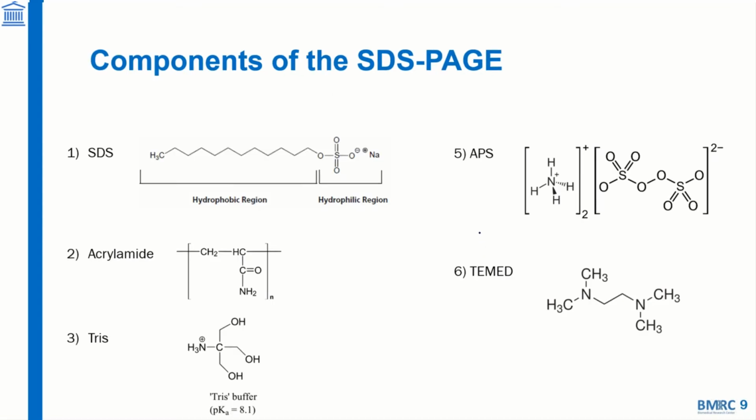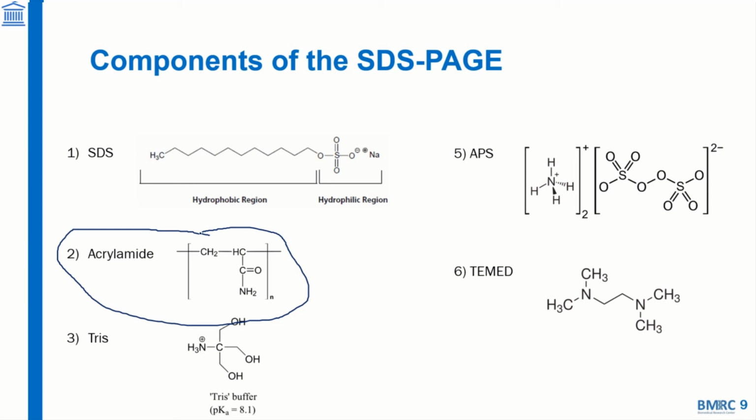Now let's look at the components of SDS-PAGE. To make an SDS gel, we will need reagents. First, we need 30% acrylamide and bis-acrylamide. These serve as the matrix and the cross-linker to make a mesh of a porous gel.